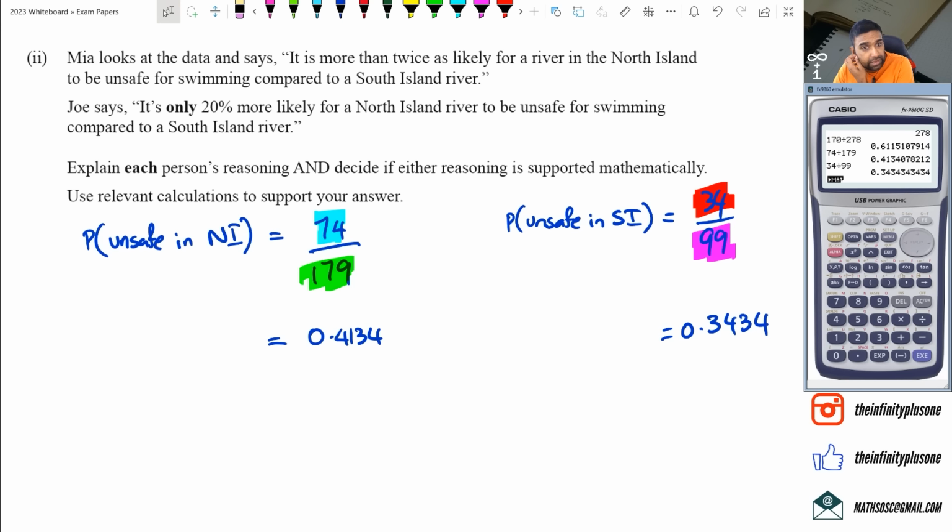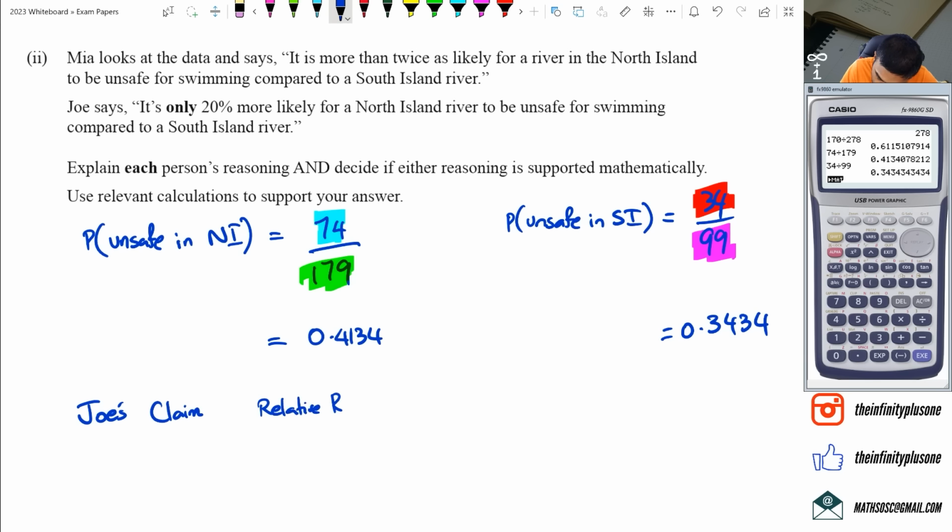I'm going to have a look at Joe's claim first. He says it's only 20% more likely for North Island rivers to be unsafe for swimming compared to South Island. So for Joe's claim, I'm going to find the relative risk.